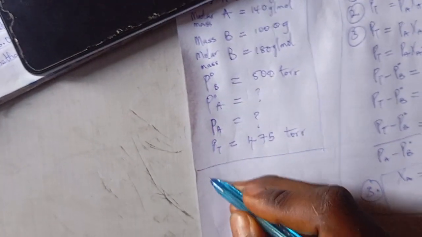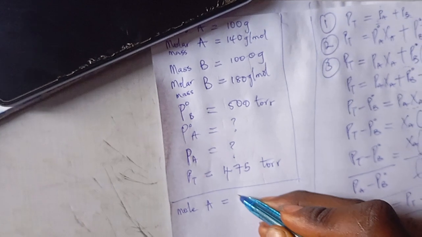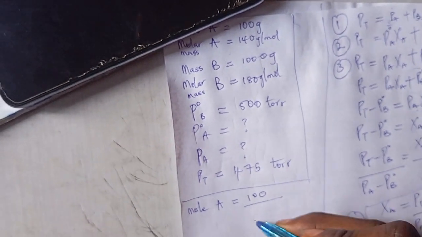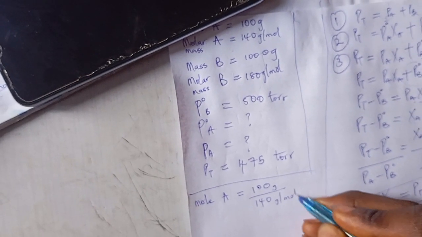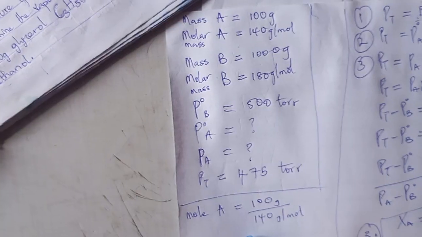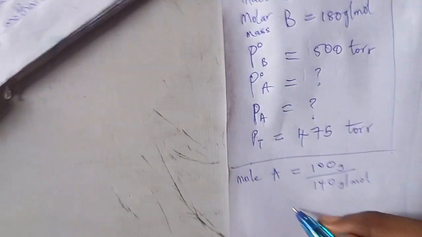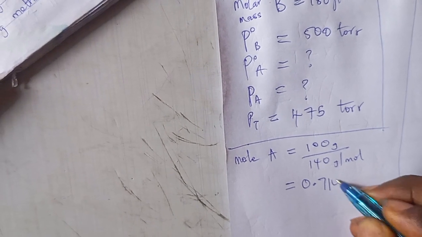So to get mole of A will simply be equal to 100 grams divided by 140 grams per mole. Let me use the calculator and punch that. So for 100 divided by 140, we are getting 0.7143 mole.